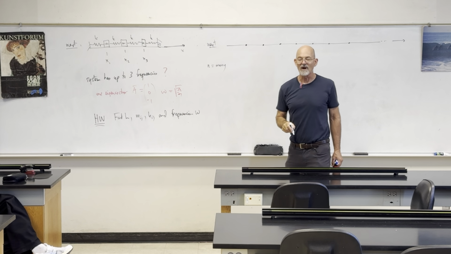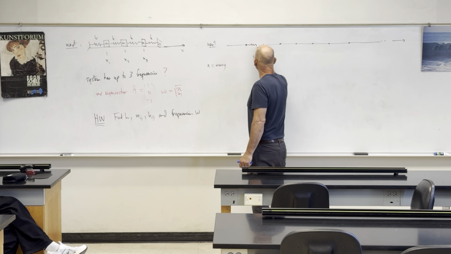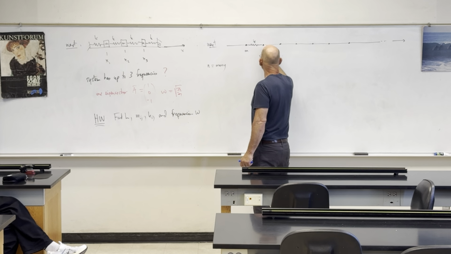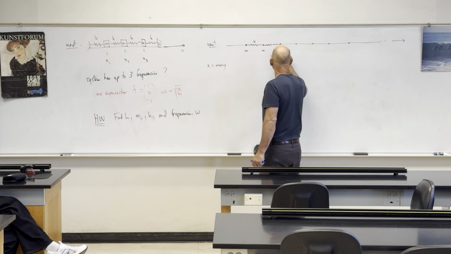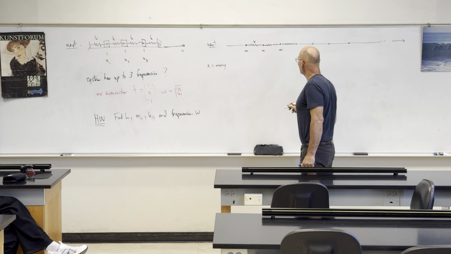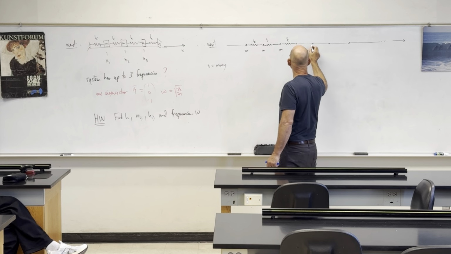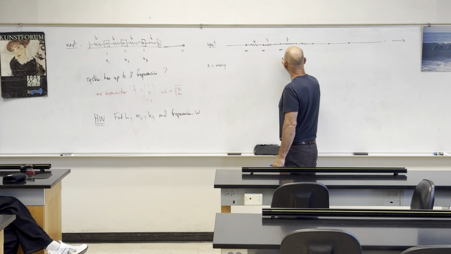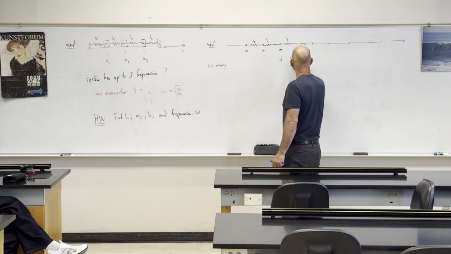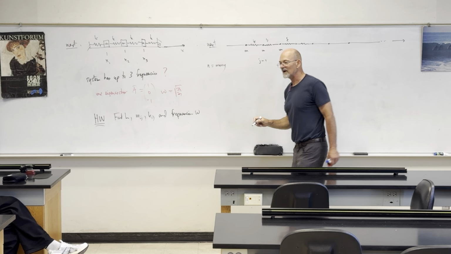So what would the Lagrangian be for these? So there's a spring between each one of these. Each one is K, little m. This is the J, this is the J plus one, this is the J minus one.